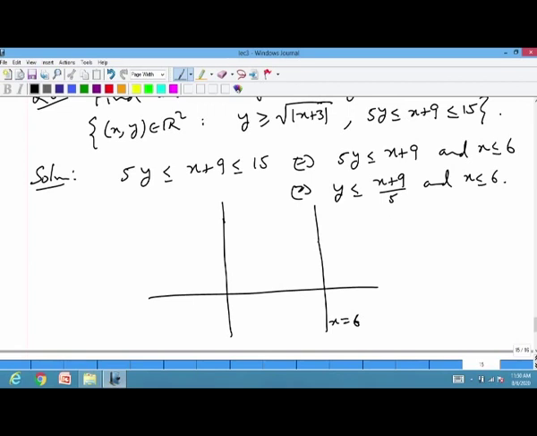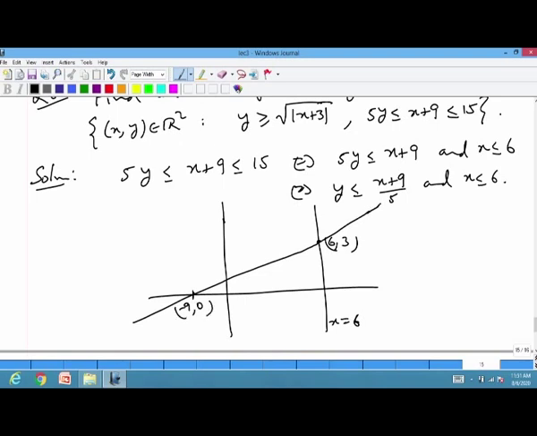So, this is the point (6, 3), and when x is 0 it is 9 by 5, and y becomes 0 when x is equal to minus 9. So, this is (minus 9, 0).